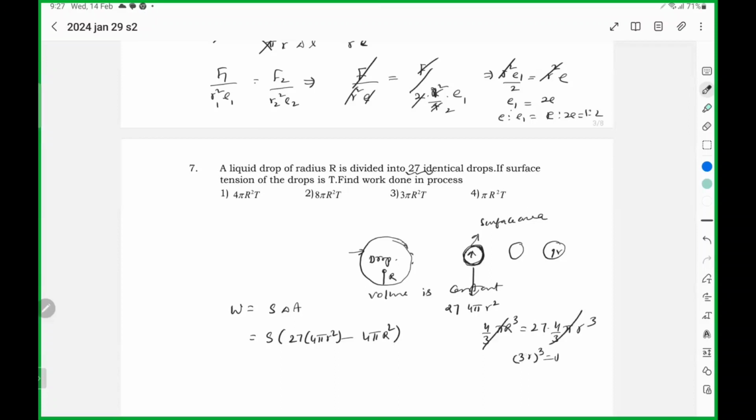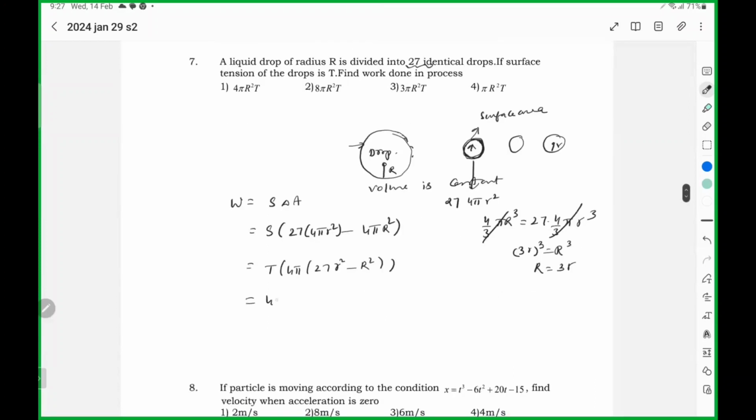So R is 3r. So here it is surface tension T, 4 pi common, 27 r square minus R square, which is 4 pi T. Here 3r in place of R, I will write R square by 9 minus r square.